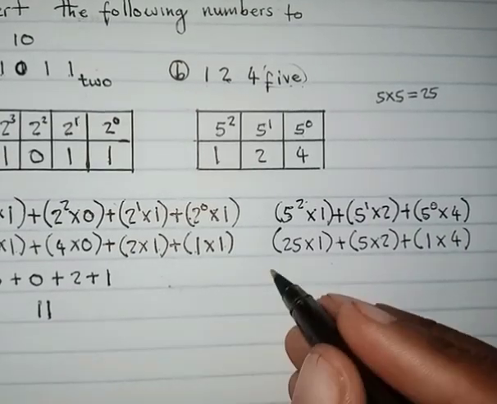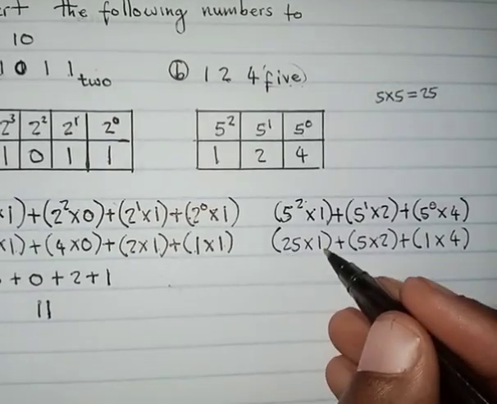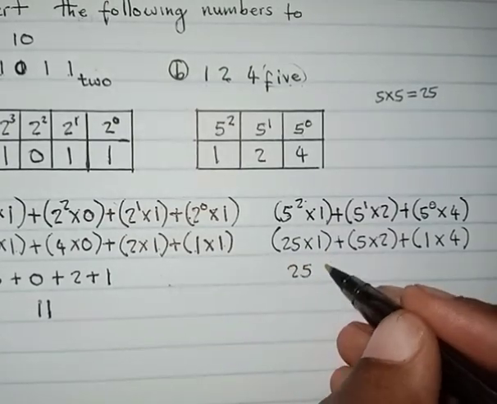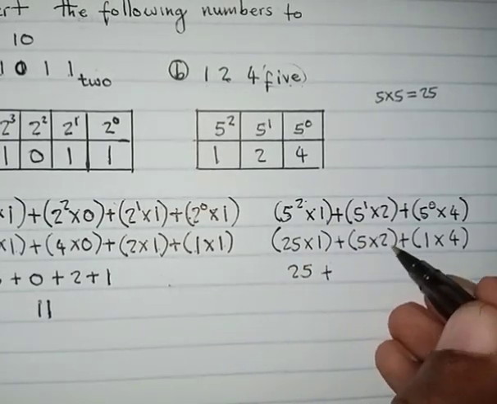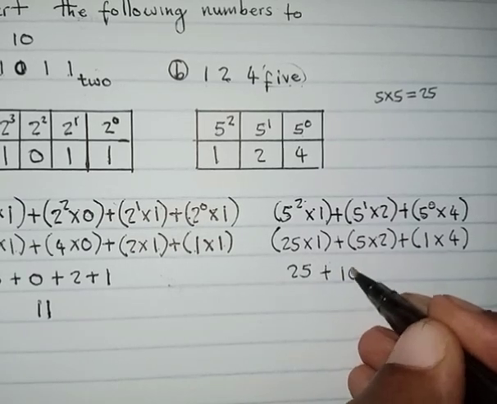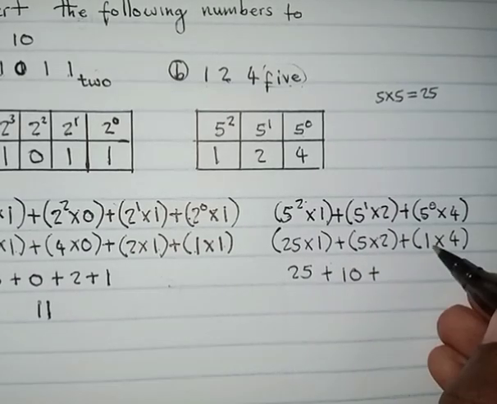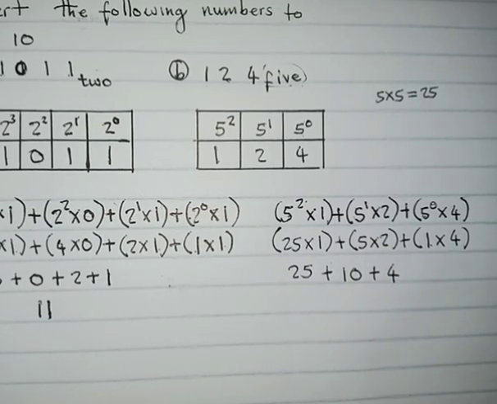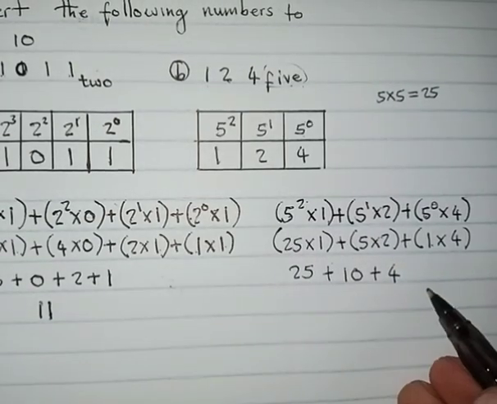We simplify this. 25 times 1 we get 25, plus 5 times 2 we have 10, plus 1 times 4 we obtain 4.